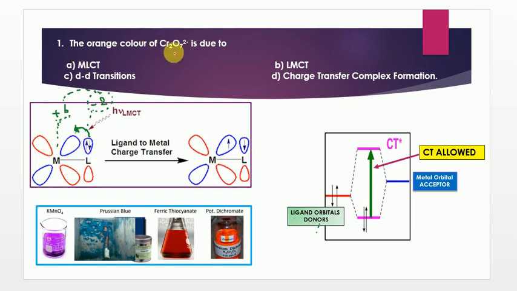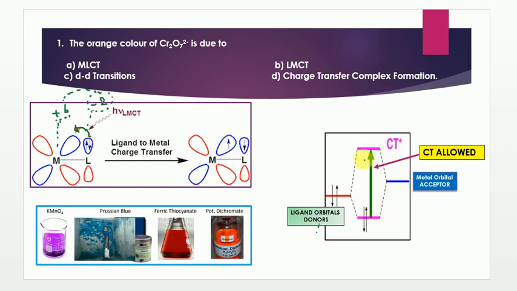You can observe in the case of Cr2O7 2- that chromium exists in the +6 oxidation state and oxygen is in the -2 oxidation state. As oxygen is electron rich, it can donate electron density towards chromium, forming a charge transfer complex.